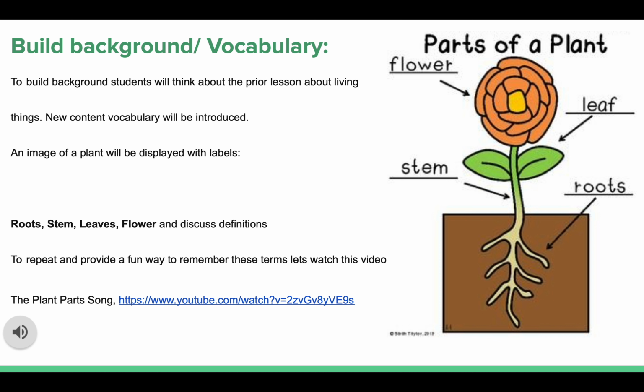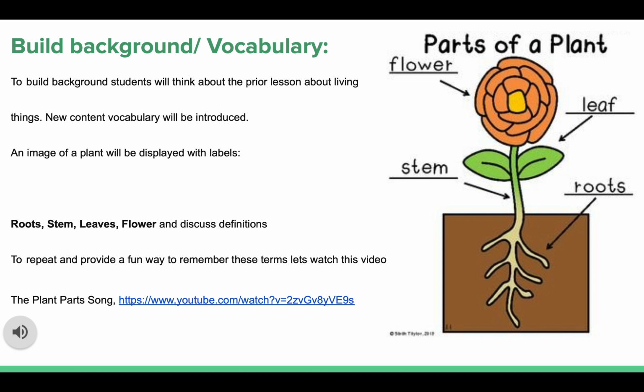Build background and vocabulary. To build background, students will think about the prior lesson discussing living things. Once they are again familiar, knowing the difference between living and non-living things, we will move forward to today's lesson of knowing the parts of a plant.